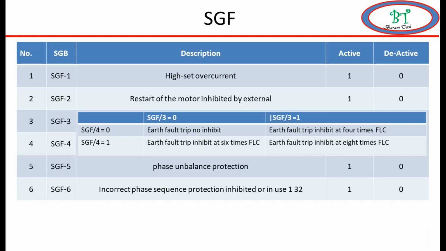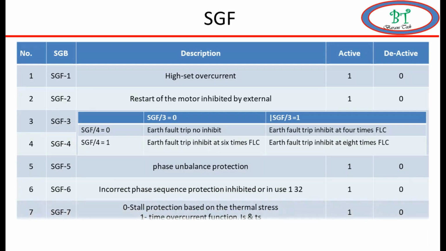In SGF7, if we keep 0, then the stall protection is based on thermal stress. That is, when the motor gets high load or, during running time, if the motor gets stuck, then the tripping will depend on the thermal stress.